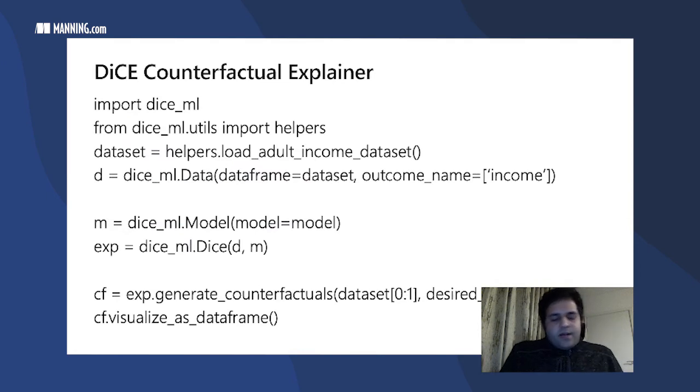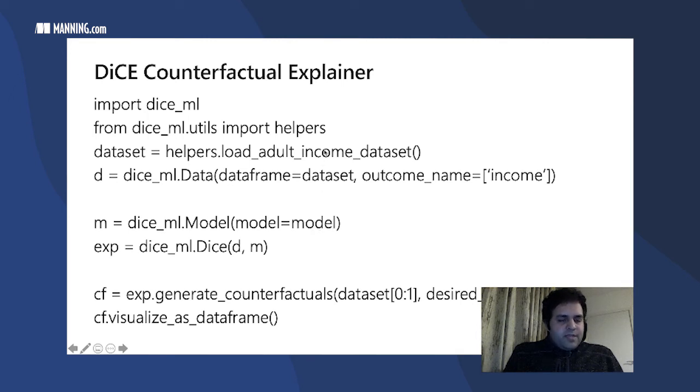There's a technique that you could apply here, which is diverse counterfactual explanation. And there's a library that implements this technique called DiCE. And this is the code that you could use to essentially come up with these counterfactual examples. The idea here is once you've loaded the dataset and you've initialized the DiCE ML library with the data, you need to essentially feed the model to the library as well.